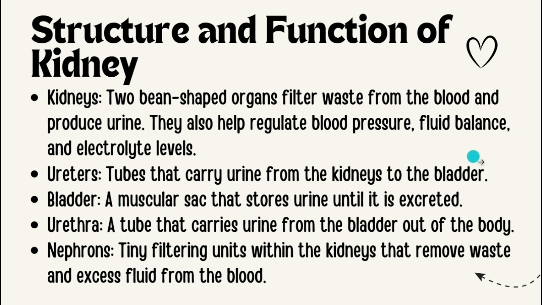As it relates to the structure and function of the kidneys, as I said before, it is the main excretory organ. If we're focusing on the structure, you just need to know what it looks like: two bean-shaped organs. We don't have one kidney, we have two.